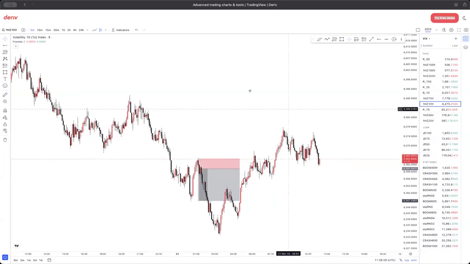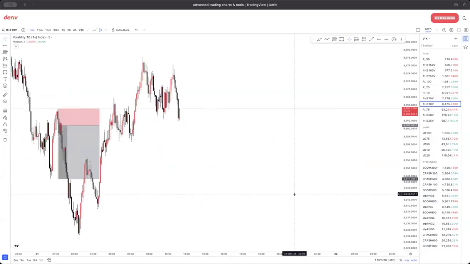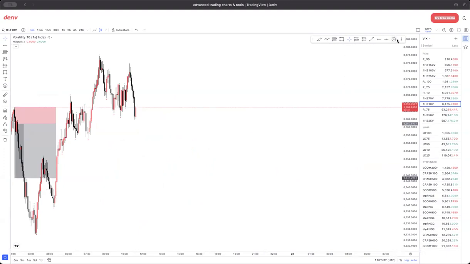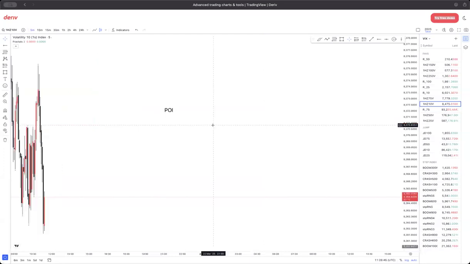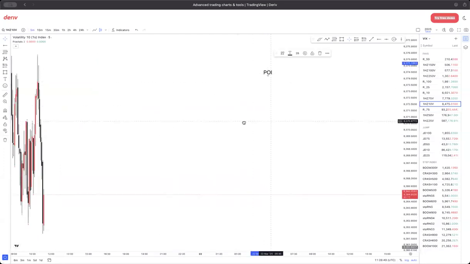Now, a POI is what we call a point of interest, right? So let's have a POI, and you want to look at what POI is.